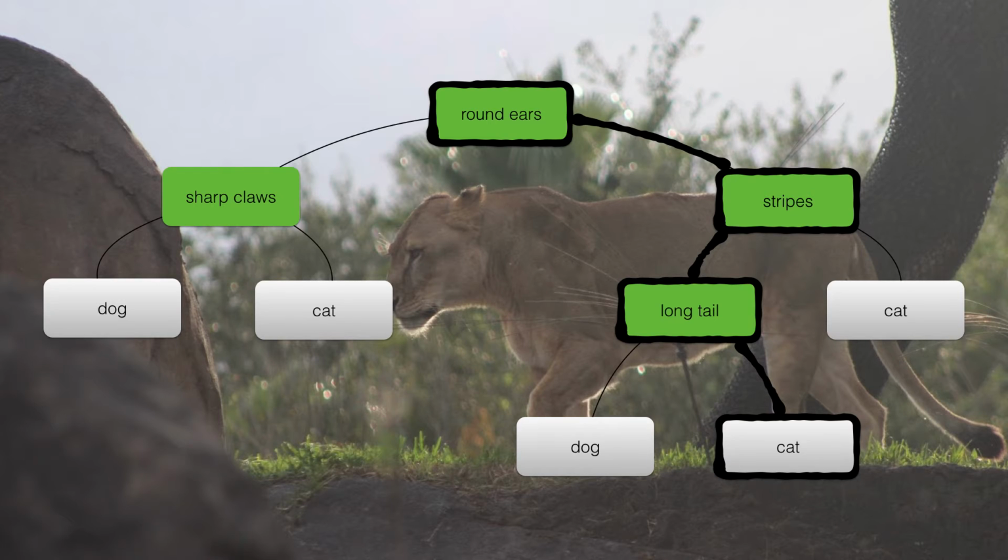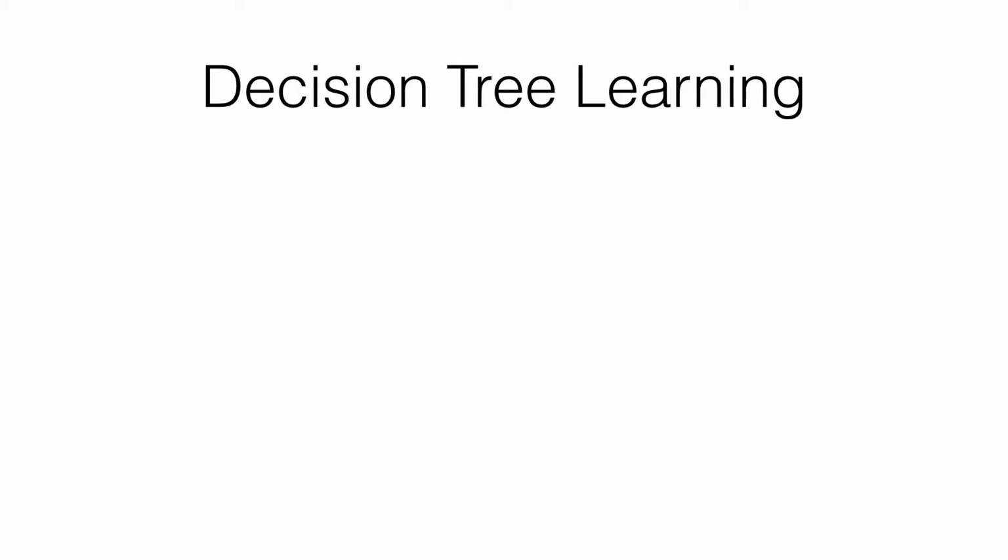So that's fine. But now what we're interested in is how to do learning when we have data that we have labeled and we want to then infer or learn the best decision tree possible for the data. There are a number of ways to do this, and a lot of the variations depend on how we define what is the best decision tree for the data. But most of the methods for training decision trees fit into a general framework, where we basically start with a recursive learning procedure.